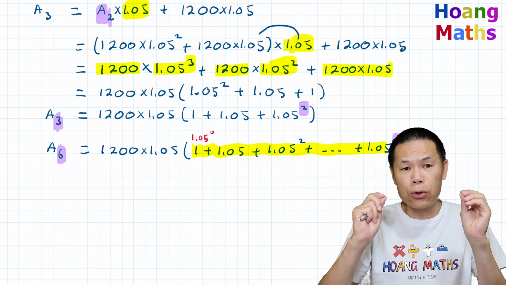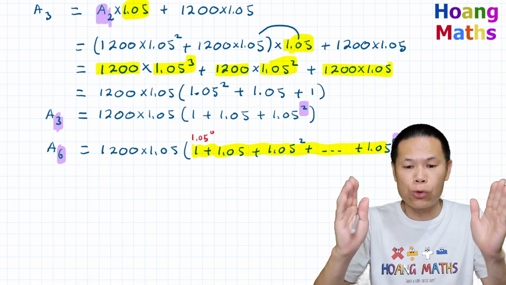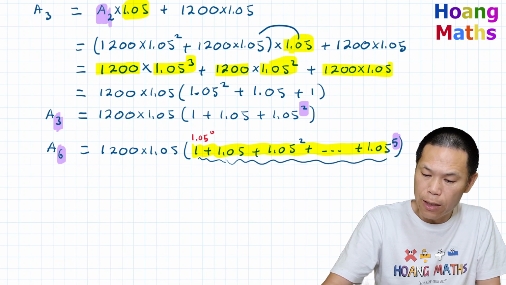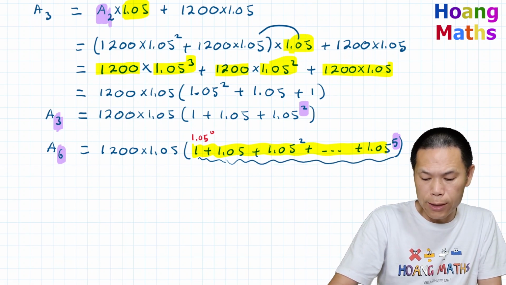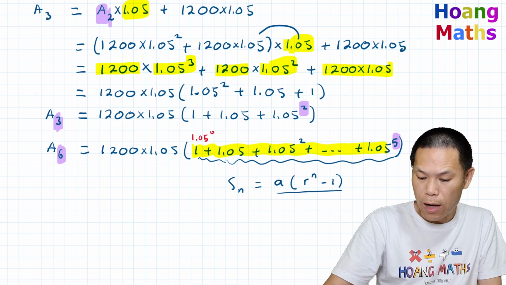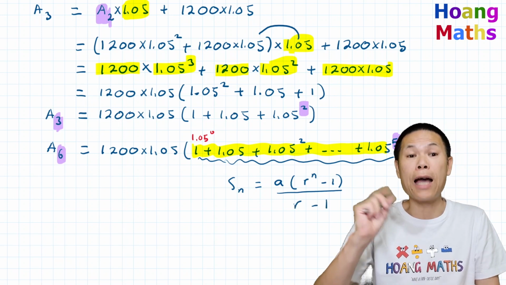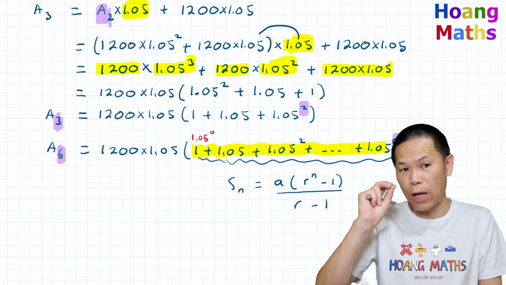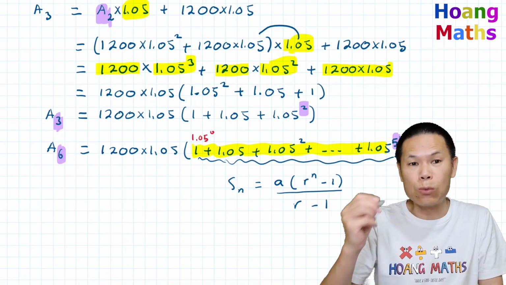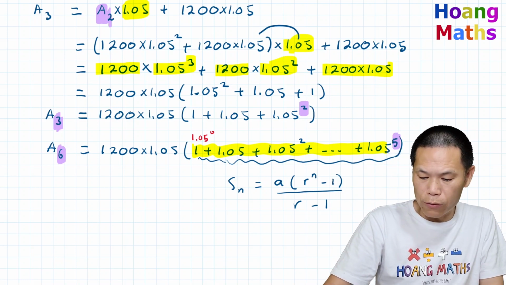And now what I'm going to do is add the series together. The rule for this is S of n equals A bracket R power n minus 1 over R minus 1, because R is greater than 1. So we use R power n minus 1. Don't forget, okay? So A is 1. So let me substitute this value in.